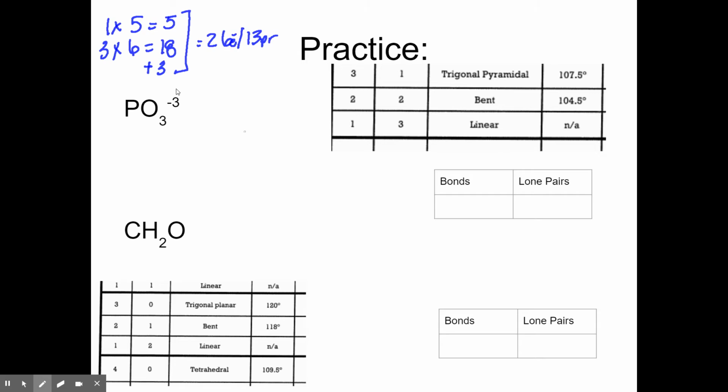Odd man goes in the center, so I'm going to put my P there in the center. Start drawing its electrons. I happen to have 3 oxygens, so I'm going to place my 3 oxygens on the outside with their 6 electrons around them.